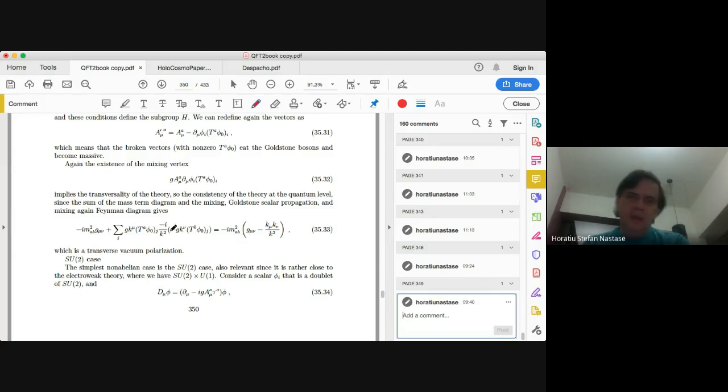The minus was because the derivative acts on the left-hand side instead of the right-hand side. So in Fourier space, that gives an extra minus sign.